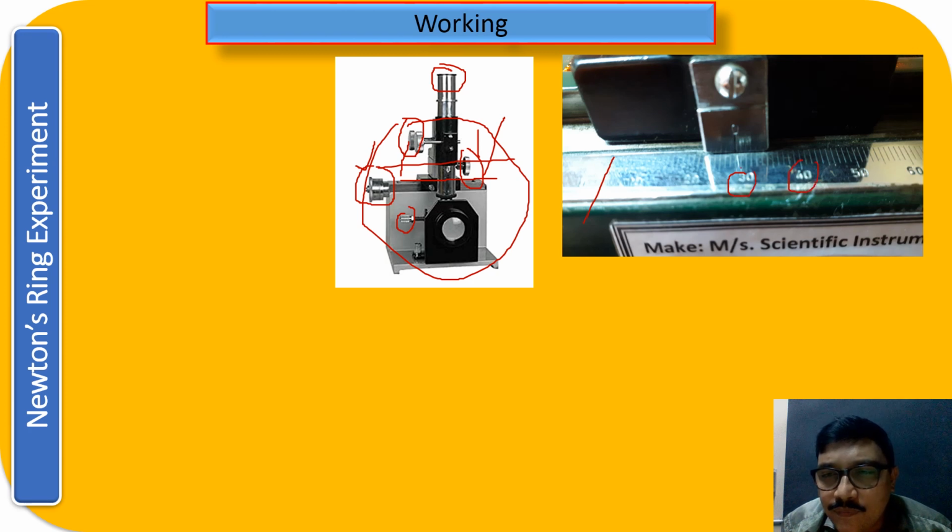Between 30 and 40 there are 10 divisions, right? So on the pitch scale you can see 10 divisions in 10 mm between 30 and 40. The value of one division is 1 mm.